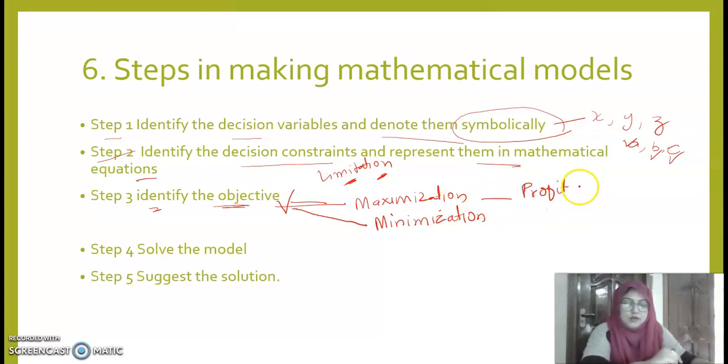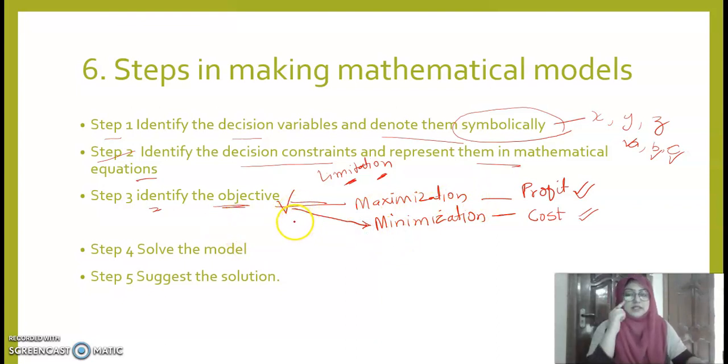Either the firm will want a solution to increase their profit, or they want an ideal, best way to cut their costs or minimize their costs. So two things will be there. Either it will be maximization, you will be asked to give them suggestions on how they can maximize their profit, or minimize their cost. So identify the objective.